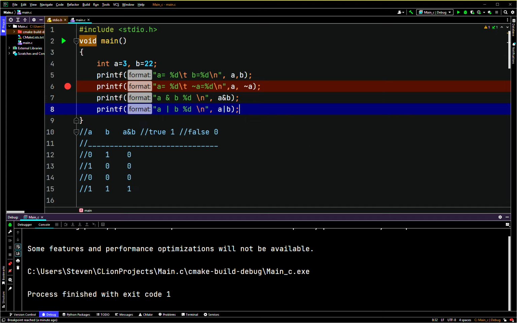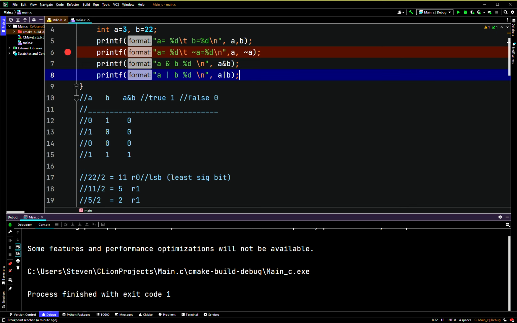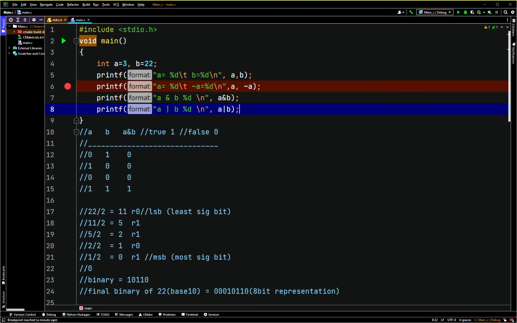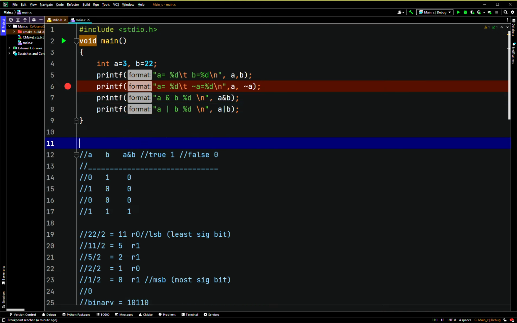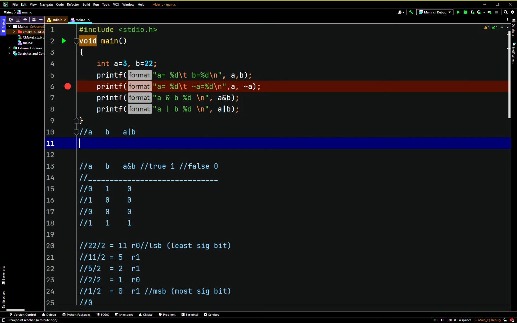So what we're going to do here is we're going to stop debugging. Okay, that already stopped. So we're going to need another truth table here. So we'll have A, B, A or B. In this case, if 1 is true, then it's going to be true, I believe.